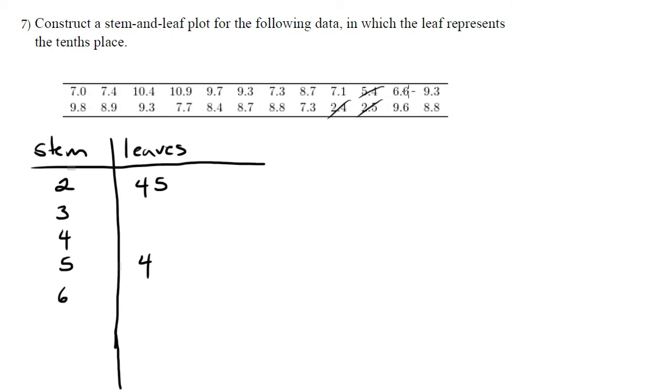Yep, I have 6.6. That's the only one. Oh, we have some 7s: 7.0, 7.1, 7.3, and 7. Oh, 2 3s, right? 2 3s, 7.4, and 7.7. Is that right? I think so.